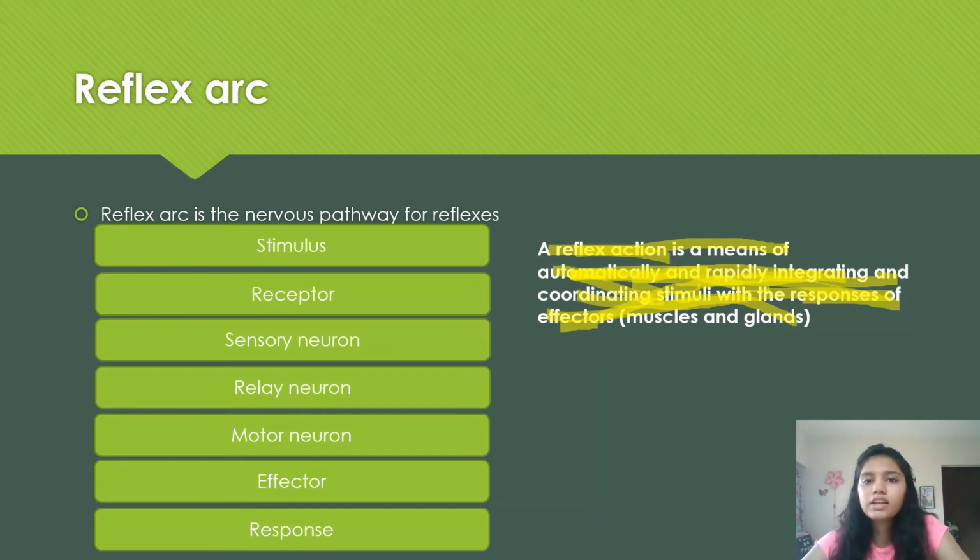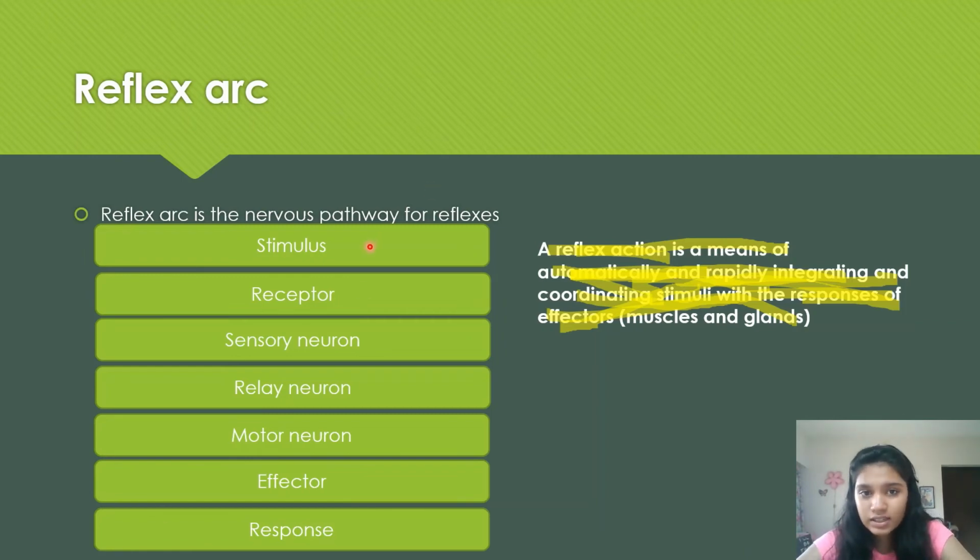Okay, so basically, reflex actions are involuntary subconscious reactions that occur quickly and without thinking. And the main goal is to coordinate, or to bridge the gap between external and internal changes in your environment to the actions that your muscles and glands will carry out. That's basically it.